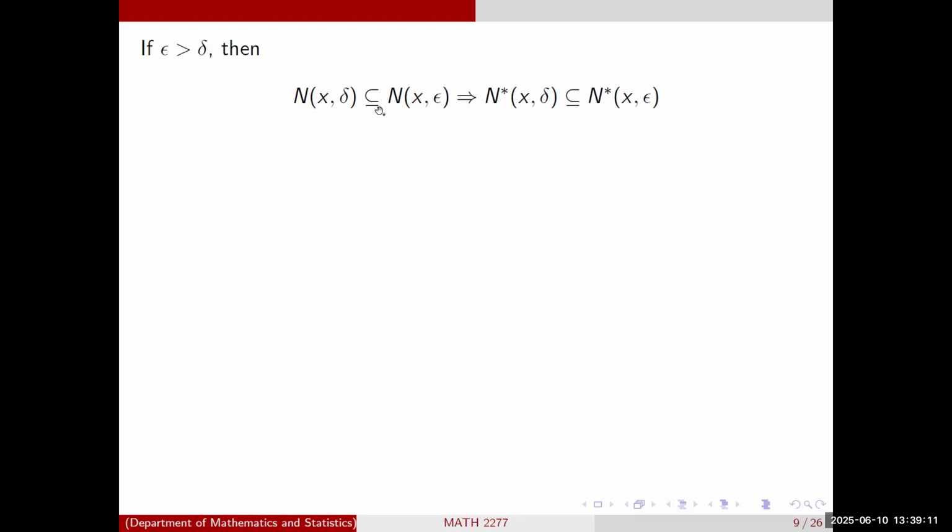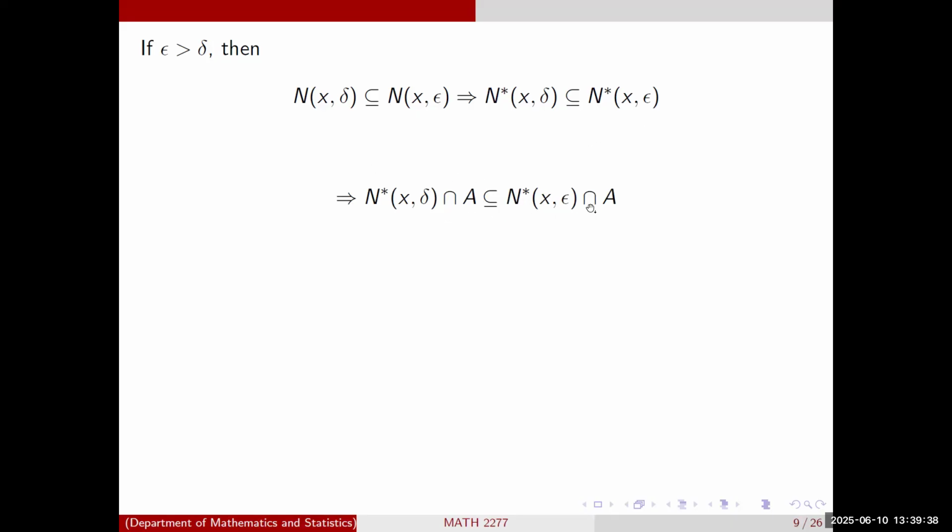Now remove X from both of them. If I remove the center from both of them, then the subset relationship still holds. So I get the deleted neighborhood around X of radius delta is contained in the deleted neighborhood around X of radius epsilon. Now intersect both sides with A.